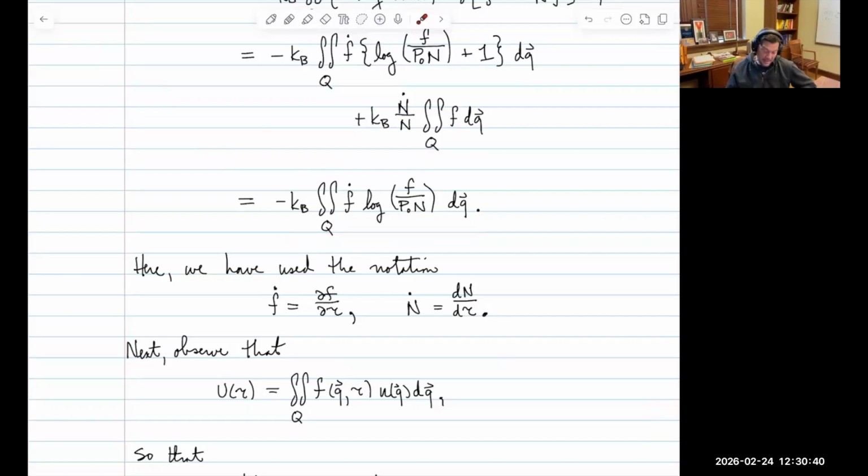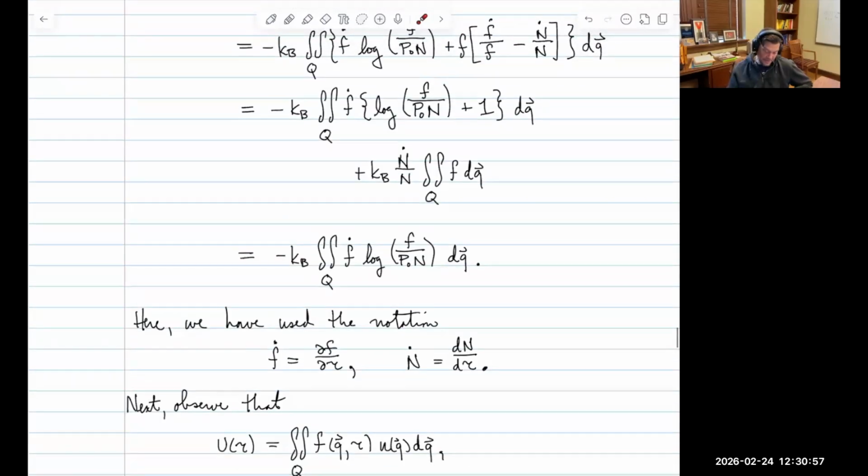This is exactly analogous to what we got before. We got a summation before. This was N and this was N here. This N dot, what does this represent? This represents the tau derivative of f. It's just a shorthand notation. And I also used the notation up above in this calculation, the N dot, that was equal to the tau derivative of the total number of particles N.